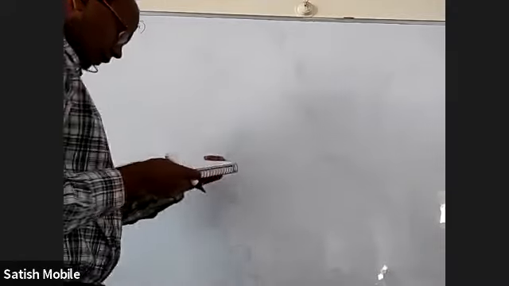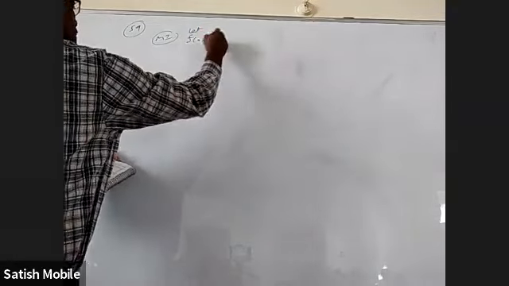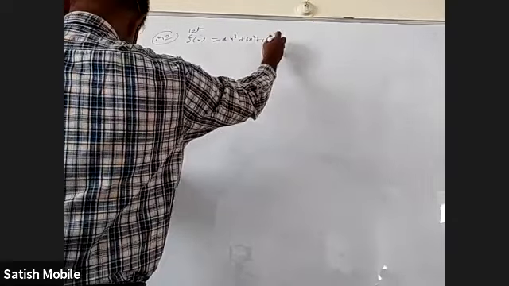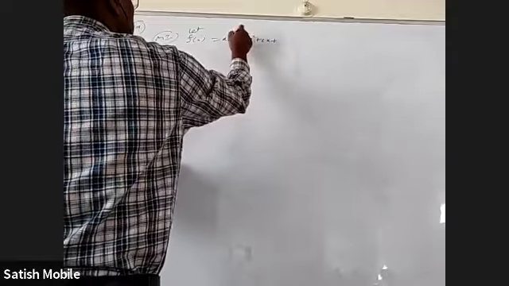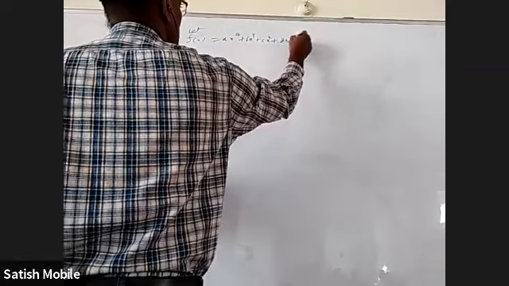Okay, 59. I want to tell two methods. Method one, you can take f of x equal to ax power 4 plus bx cube plus cx square plus dx plus e.